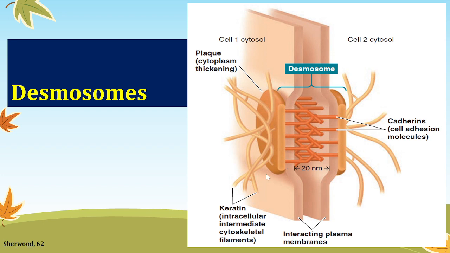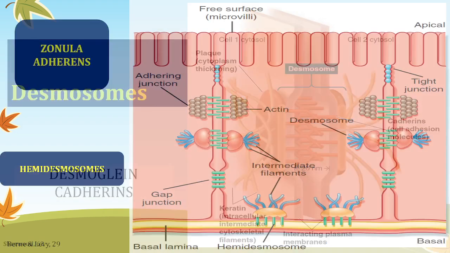This is the structure of a desmosome, where we can see two cells sitting one after the other, or successive cells, tied together with a tight knot. We call such a tight knot a desmosome, and desmosomes play a very important role in the transport of solutes. They are made up of proteins called desmoglein and cadherins.